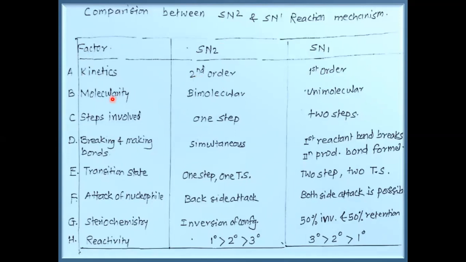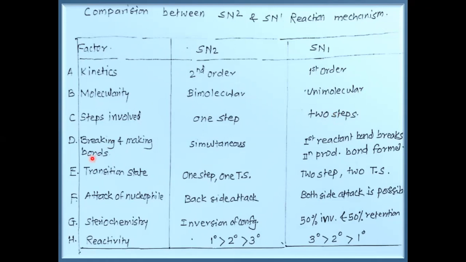Molecularity: SN2 involves two molecules, SN1 involves only one molecule. Steps involved in the reaction: SN2 is a single step reaction, but SN1 takes place in two steps: dissociation of the C-Br bond as the first step, and fast attack of the nucleophile as the second step.